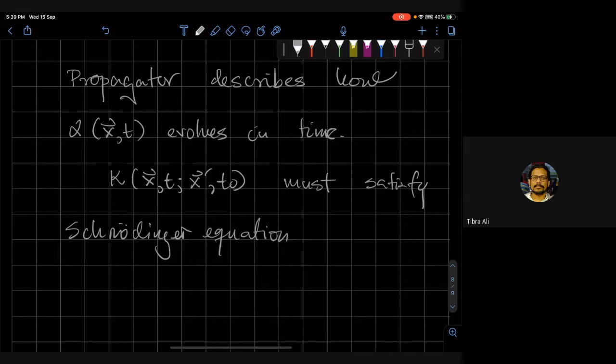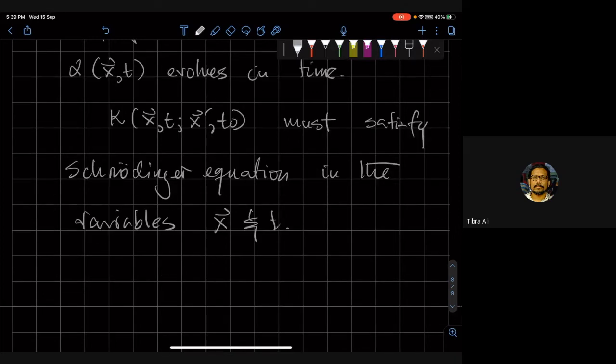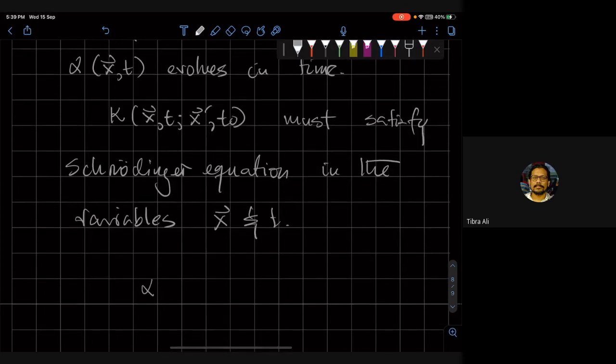In the variables x and t. Okay? Because alpha x prime t0 is just the initial condition.